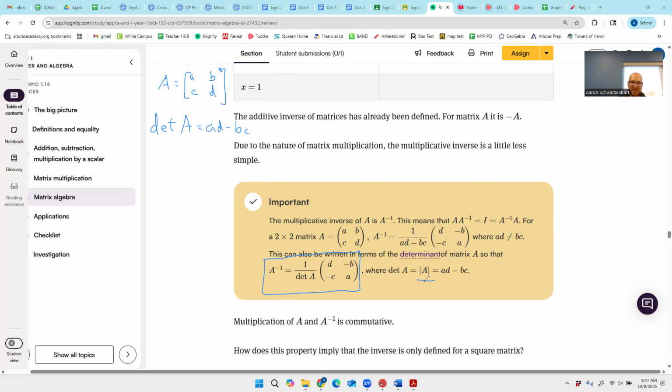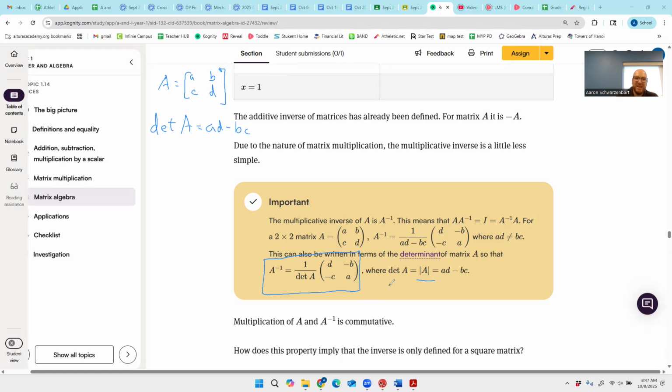Other useful things: this stands for determinant. It's like the absolute value box, a symbol used for so many things.